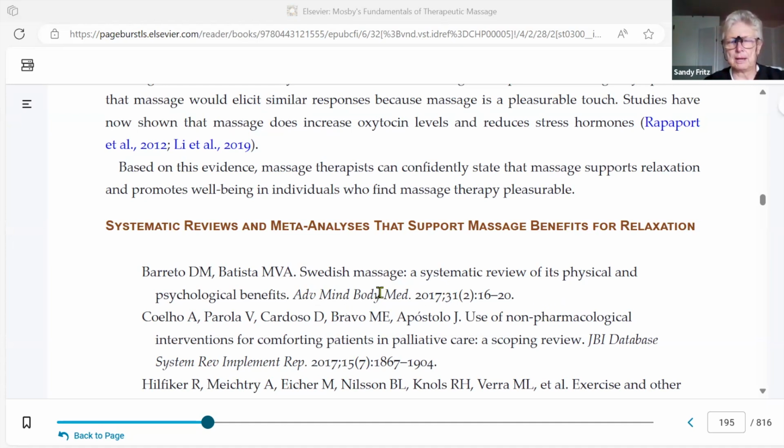And so I may not have been able to find a brand new current systematic review, but if you copied and pasted this and put it into a search program like PubMed or Google Scholar, you might be able to see where this article has been cited for a more current research process.